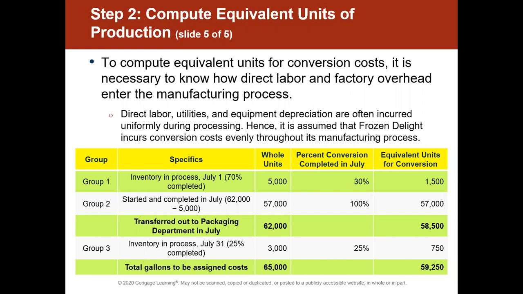So now there's 3,000 still in process. Oh, wait. They had 5,000 in process at the beginning and added 60,000 more they started on. And then at the end, they had transferred out 62,000, leaving 3,000. So that's okay. Yeah, those things always have to add up, right?